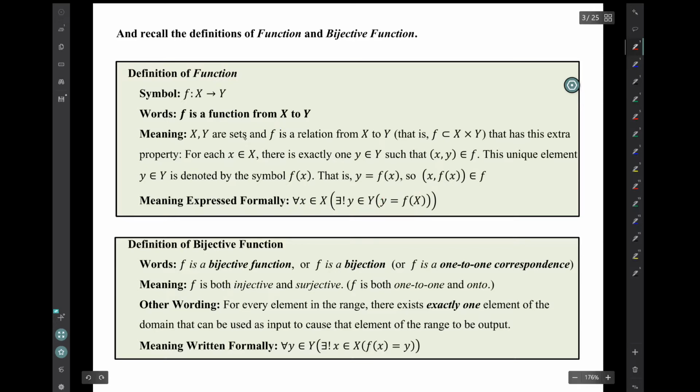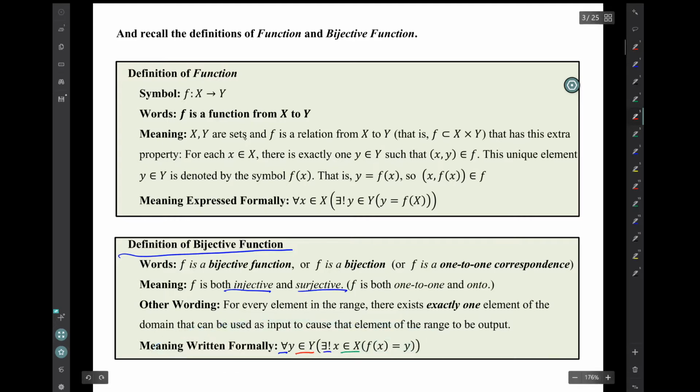And remember the definition of a bijective function. That's a function that is both injective and surjective. Written formally, it looks like this. For every y in the range, there exists exactly one x in the domain such that f(x) equals y.